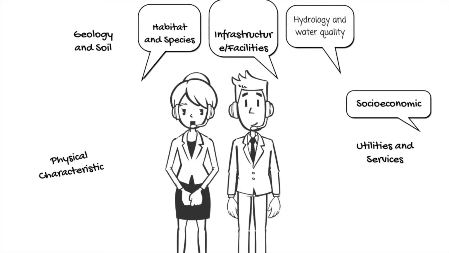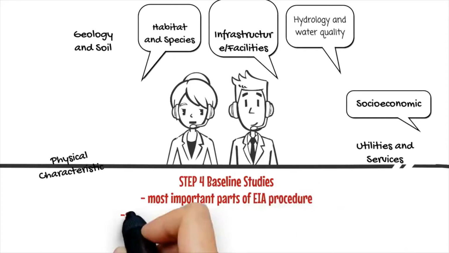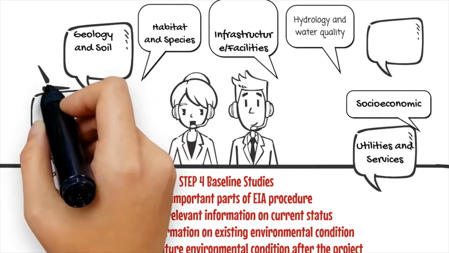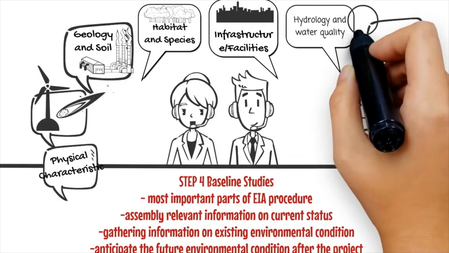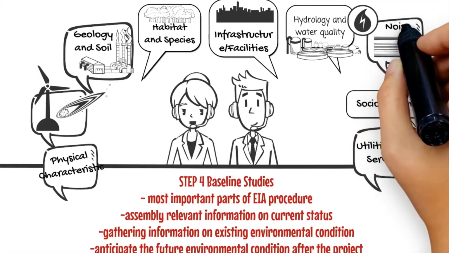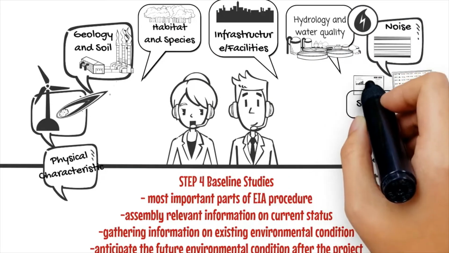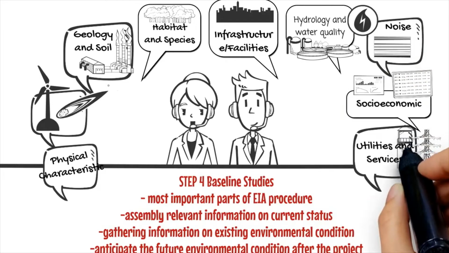Step 4 is the baseline studies. Baseline studies is one of the most important parts of the environmental impact assessment procedure. This step is about assembly of relevant information on the current status of a project area.